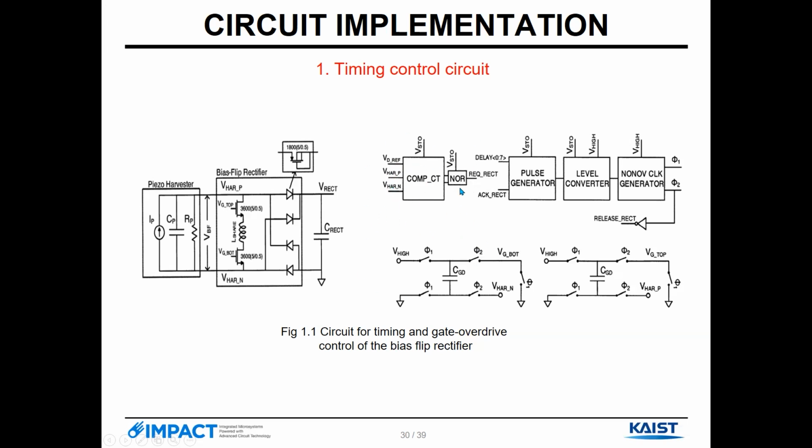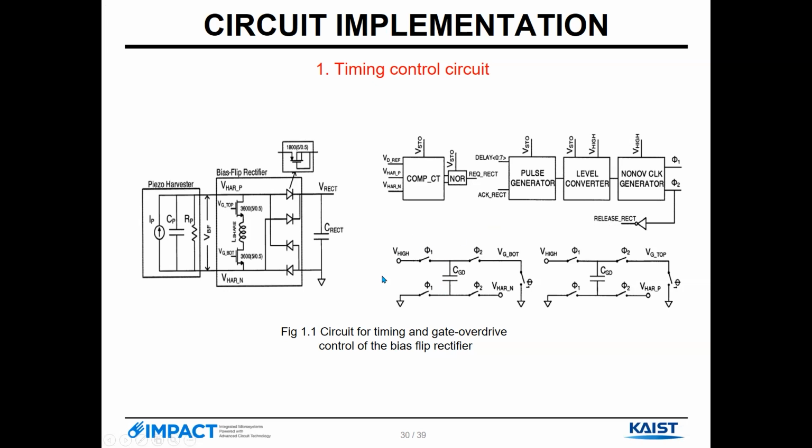After we compare VHP and VHN with the reference, it goes to the NOT gate to send the rush signal. It goes to the arbiter, so the arbiter can allow the connection to the shared inductor.